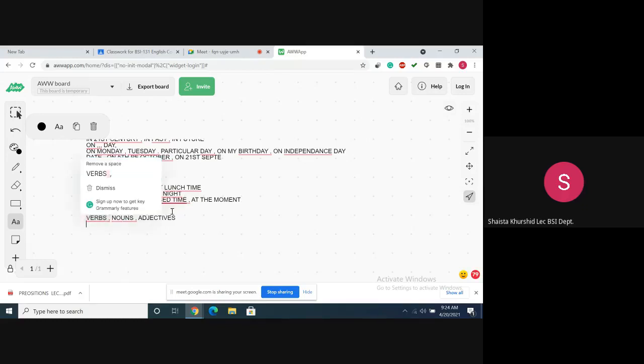Which verb is taking which preposition, which noun is taking which preposition, and the same is the case with adjectives. When we use adjectives, they take so many prepositions with them. For example, fondness for and fond of.